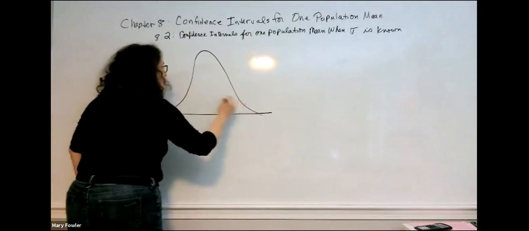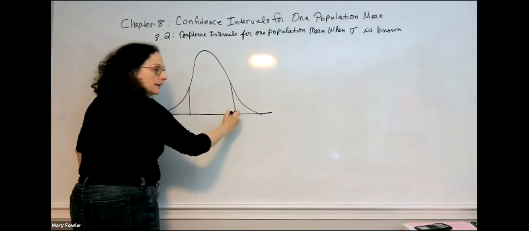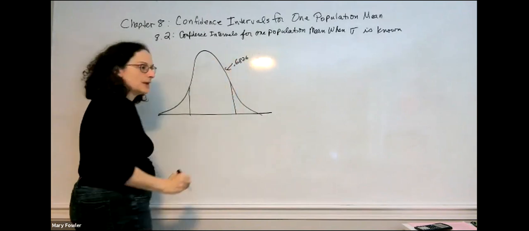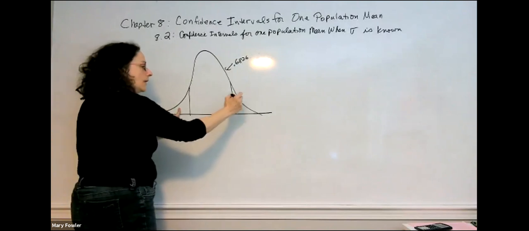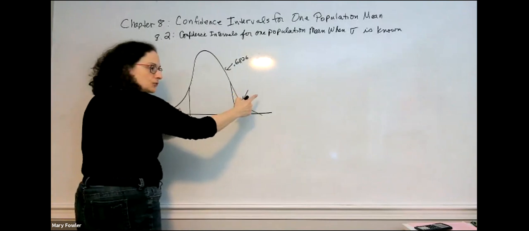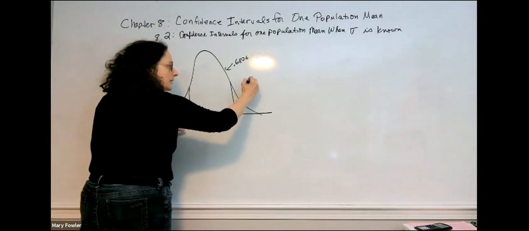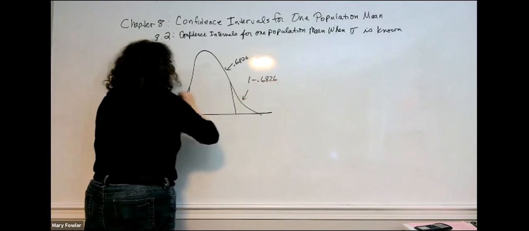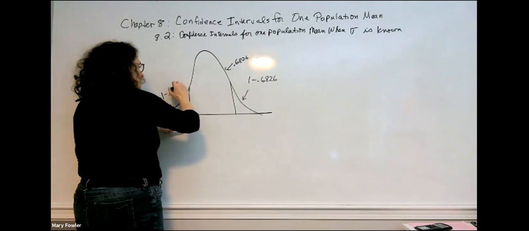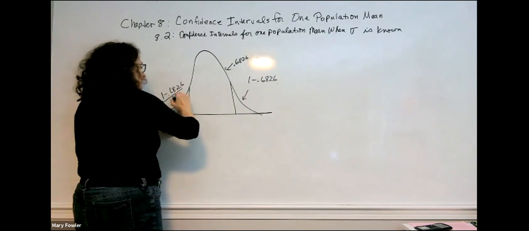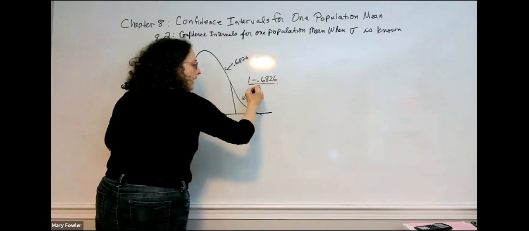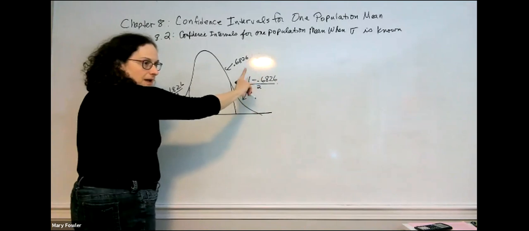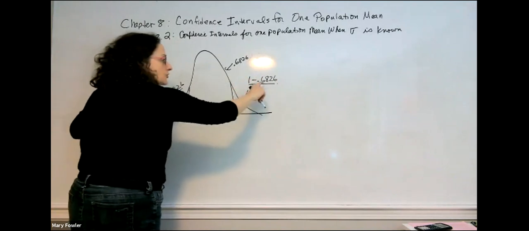All right, so what we know is if we want 0.6826 in the middle, then in both tails, we have 1 minus 0.6826 in the 2 tails. So in each tail, we have to divide that by 2. Okay, and in the notes, we have alpha as the numerator here, 1 minus the confidence level, right? And then alpha over 2.